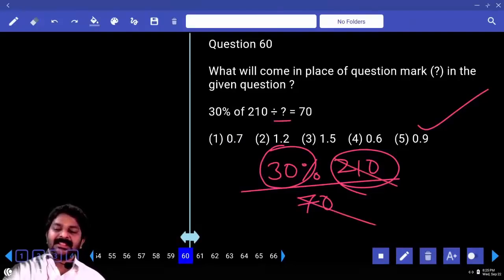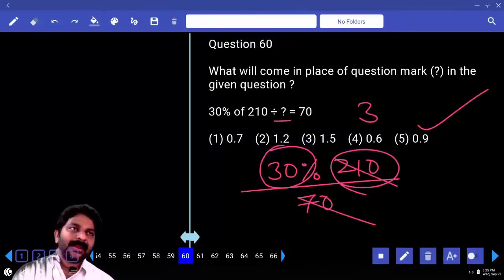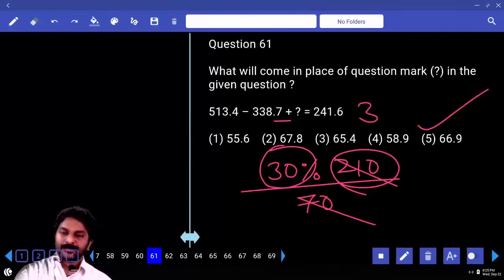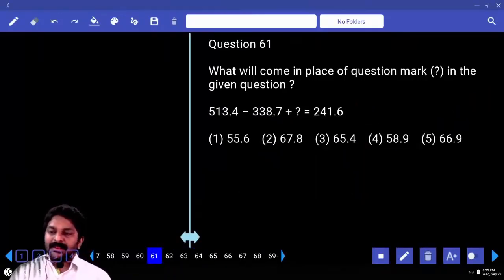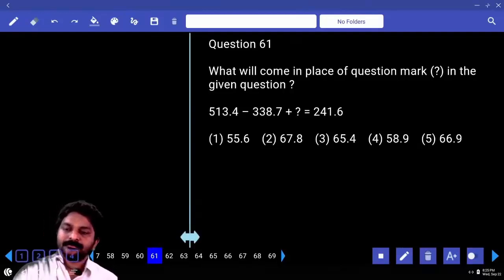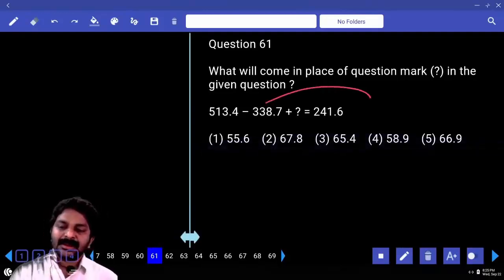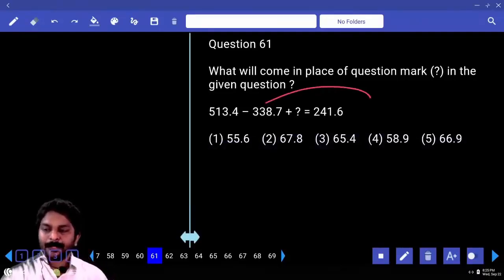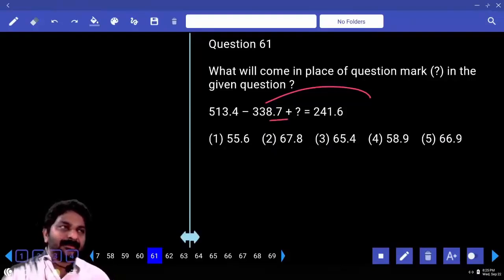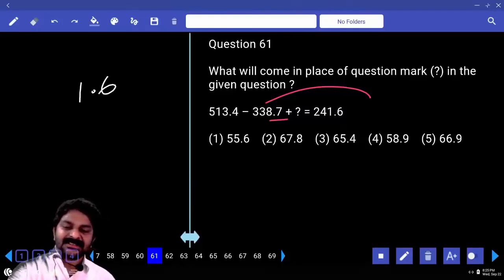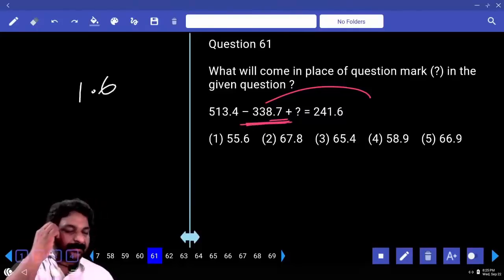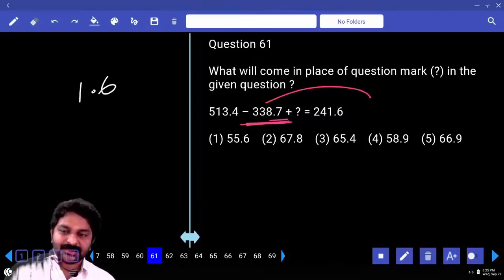Otherwise, 70 3 times. 30% of 3 is 0.9. Right. Take this number to the right hand side. Number before decimal and after decimal. On the right hand side we already have 1.6. This number 338.7 goes to the right hand side and becomes a positive number.